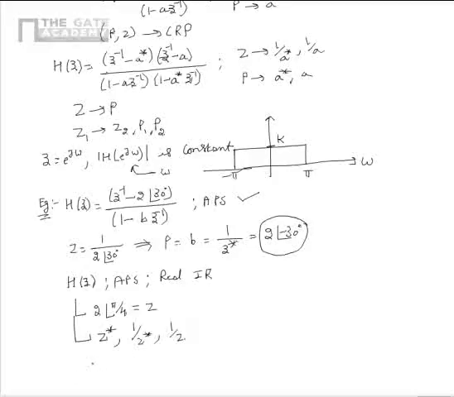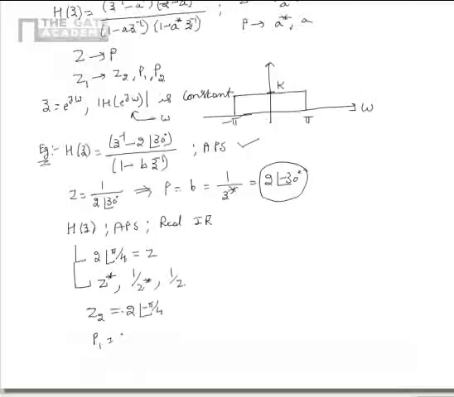So from this we can see that the location of the other zero can be written as z2 is equal to 2 phase minus pi by 4 and the location of the poles is p1 is equal to 1 by z, that is equal to 1 by 2 phase minus pi by 4, and p2 is equal to 1 by z star, that is equal to 1 by 2 phase pi by 4.